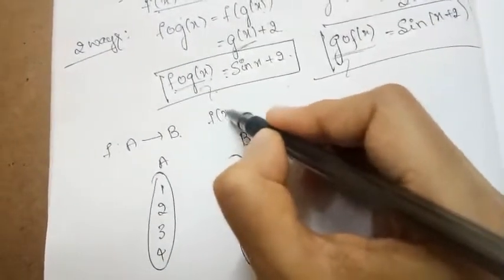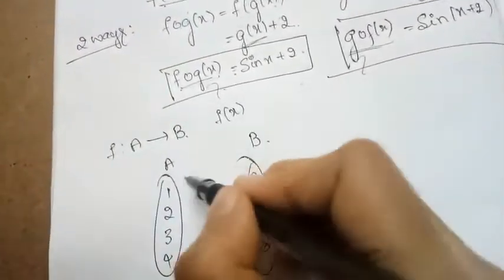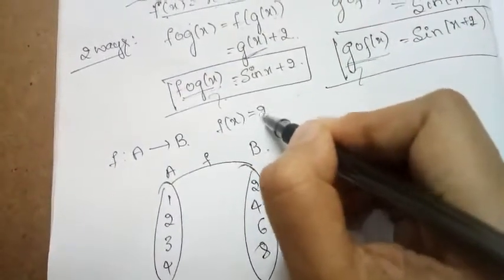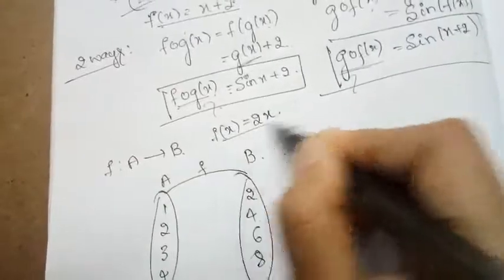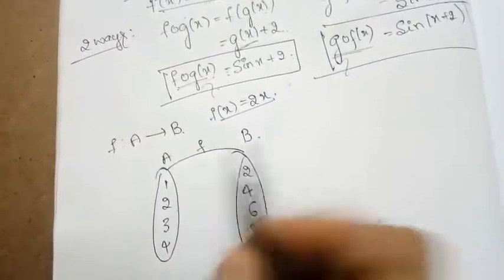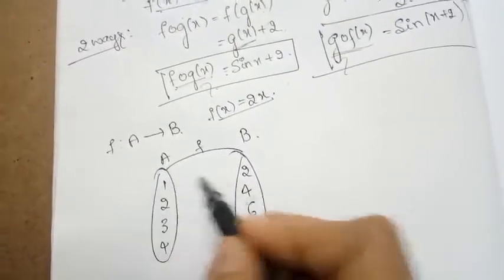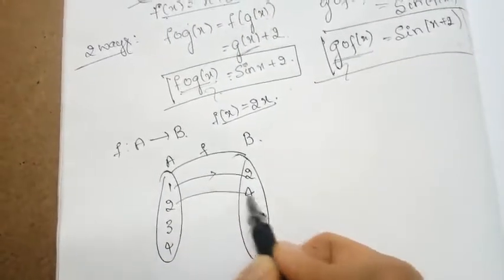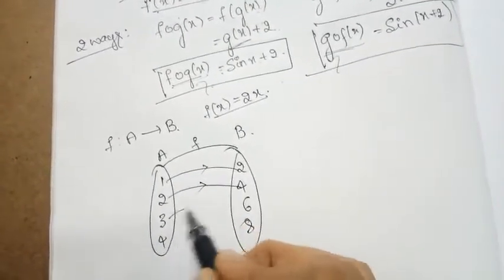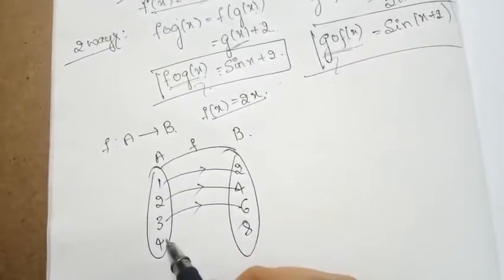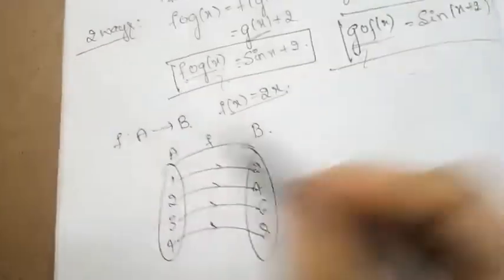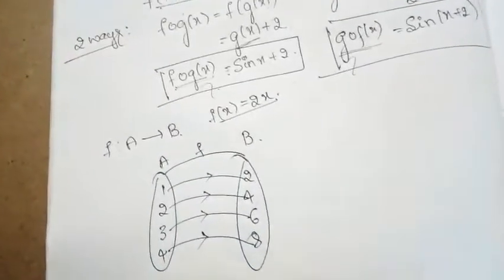The function defined from set A to B is f, defined as f of x equals 2x. So what will happen with the mapping? 2 is the image of 1, 4 is the image of 2, 6 is the image of 3, and 8 is the image of 4. This will be the mapping for the function f from A to B.